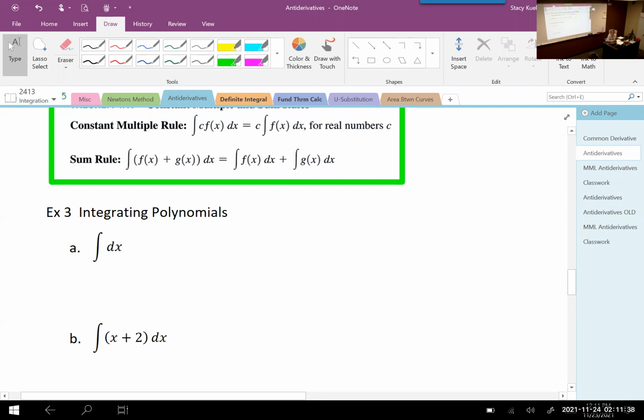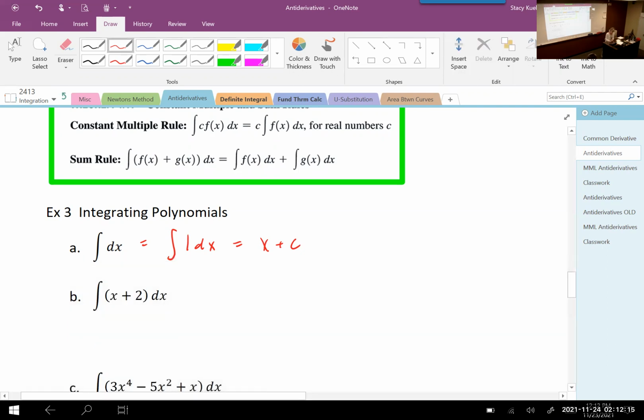If I wanted to take the integral of dx, that's the same thing as the integral of 1 dx, correct? What's the integral of 1? x. That's right. So this should be x plus c. That's a little bit more like the constant multiple rule, if you will.